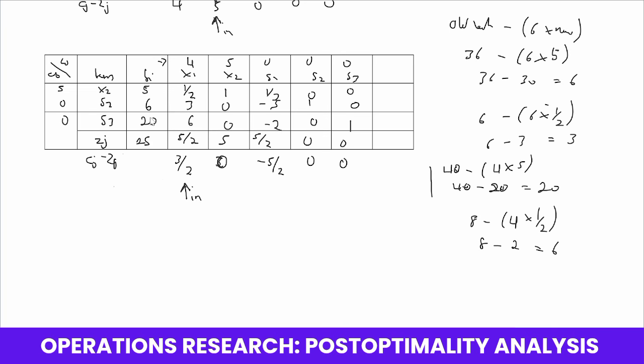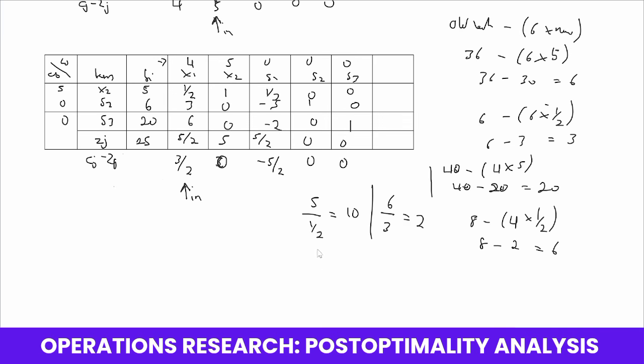So let's look for the pivot number or the pivot row. As I said earlier, you take your BI value and then divide it by the corresponding value in the pivot column. So our first BI is 5. 5 divided by the corresponding value in the pivot column, 1 on 2, will give us 10. Then you take 6, that's the second BI value. 6 divided by the corresponding value here, 3, will give us 2.